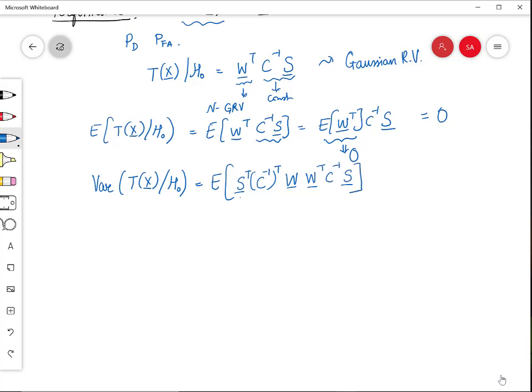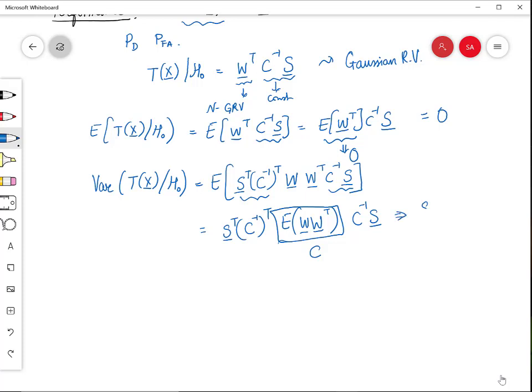Now these two are constants, and they will come out of the expectation. So we will have S transpose C inverse transpose, expectation of W transpose C inverse S. We know that the expectation of W W transpose is equal to C, so C and C inverse cancel out.